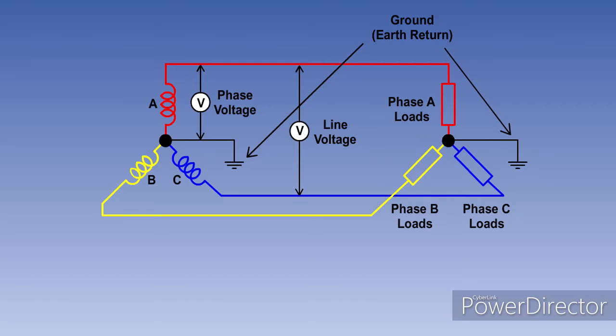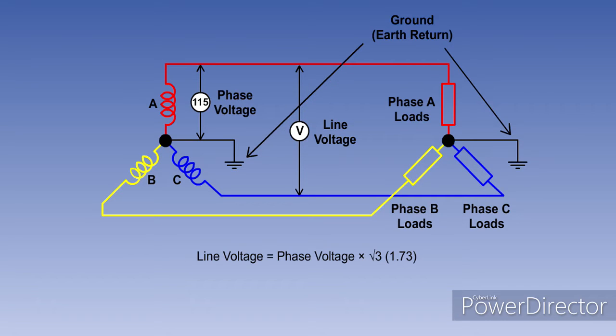In this type of AC generator, the phase voltage and line voltage are different, because phase voltage is measured across one phase, whereas line voltage is measured across two phases and is the vector sum of the two. The line voltage in a three-phase system can be found by multiplying the phase voltage by the square root of 3, or 1.73.